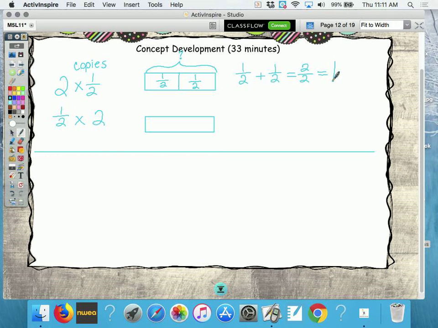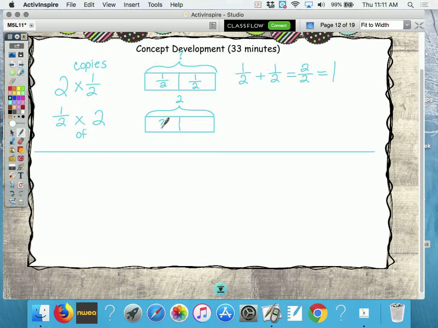Okay, got that? Right. So now, there's another way to think of this. I want you to write the word of somewhere. You could think of it as, what is 1/2 of 2? 1. So your question mark is going to be 1. 1/2 of 2 is 1, correct?